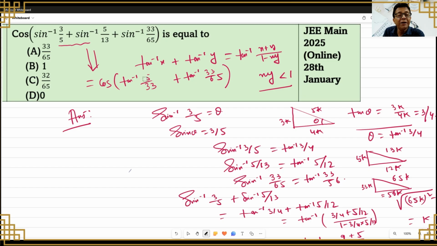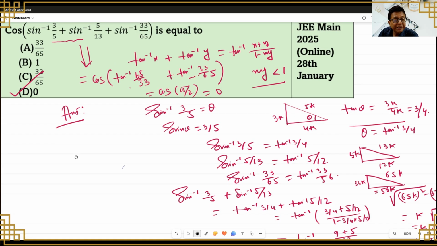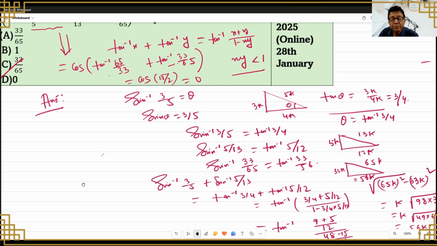This one 65. So what do you observe? One is reciprocal of the other. So this one is cot inverse, it is coming tan inverse x plus cot inverse x. The answer is pi by 2, 0. Therefore, D is the option.